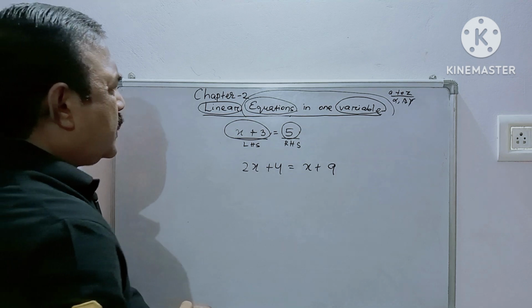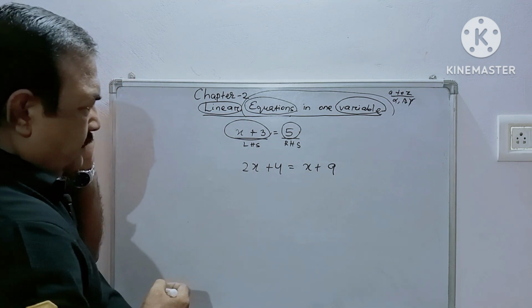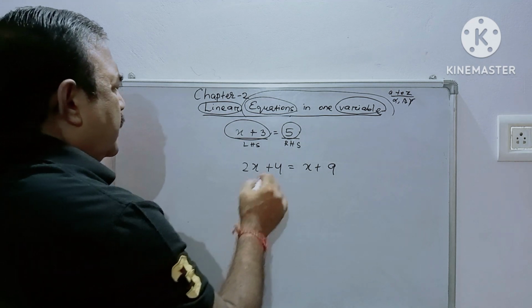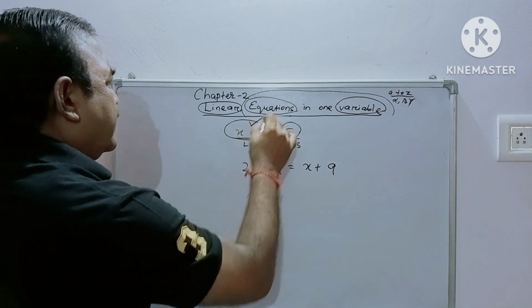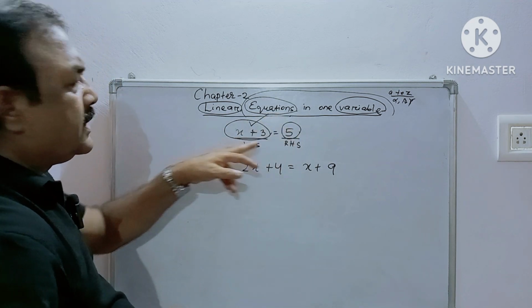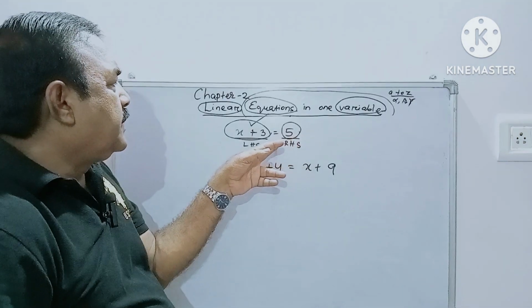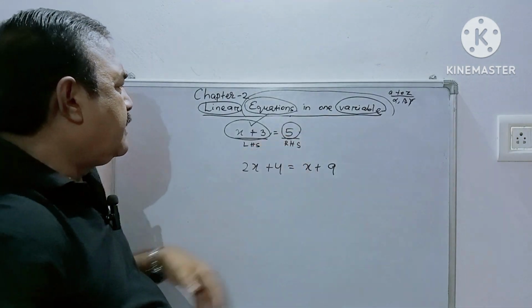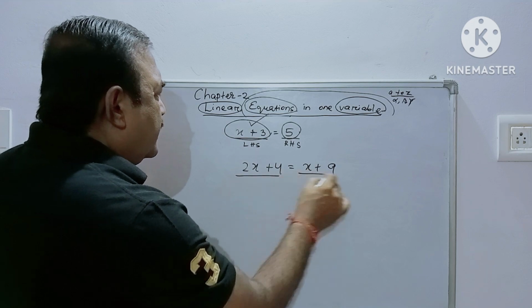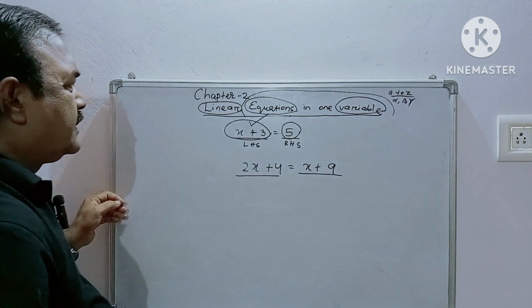Suppose I could write like this. So you see, in the left hand side there was the algebraic expression, and in the other side of the equation there was only a number. But in both sides there may be algebraic expressions.